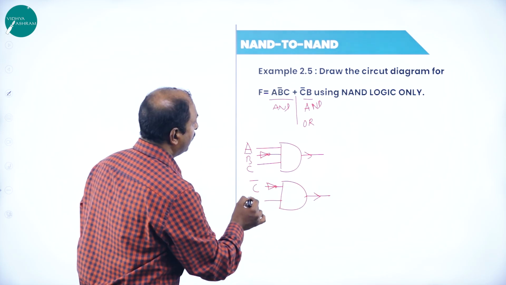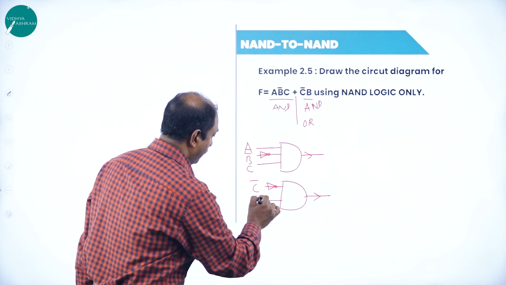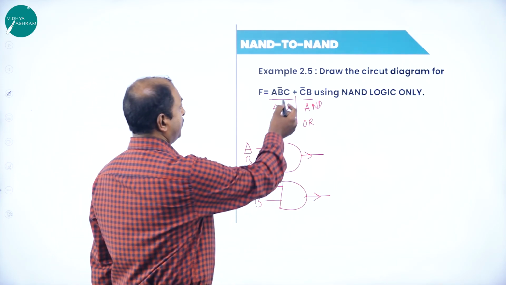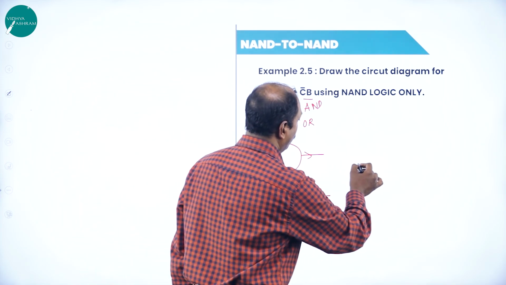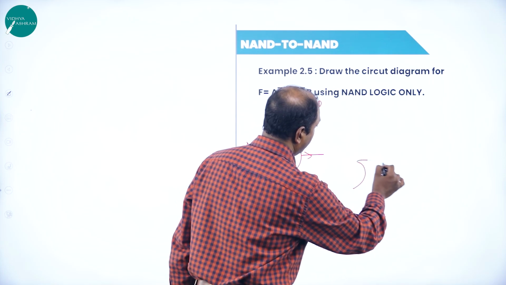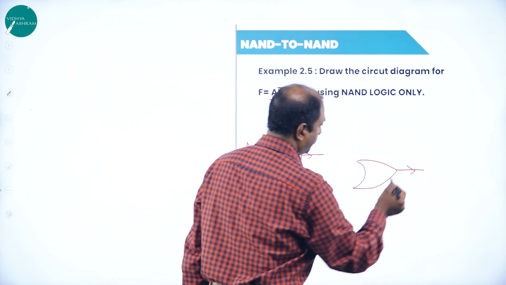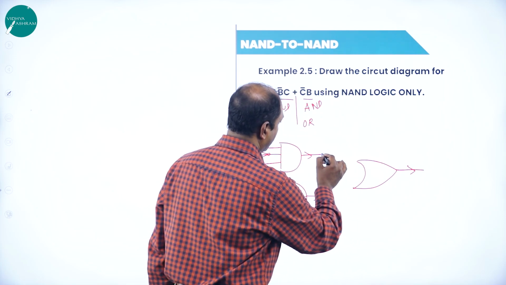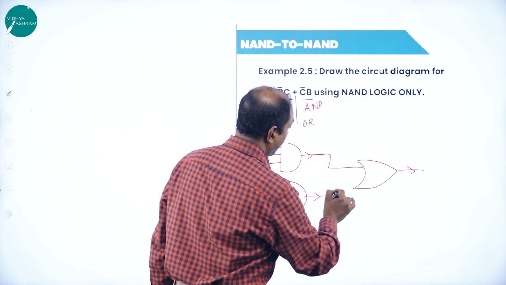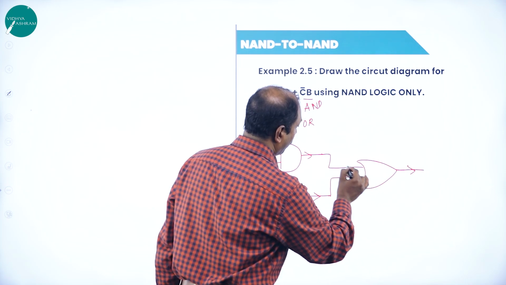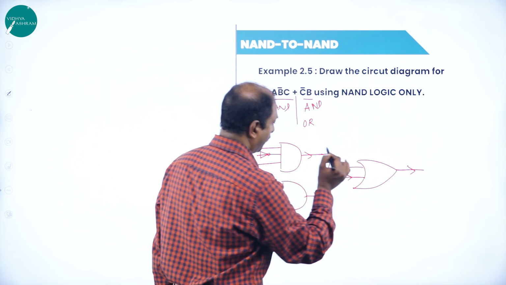Now this is the OR gate, so we write the OR gate here, and the outputs of these 2 gates will be the inputs for this OR gate.